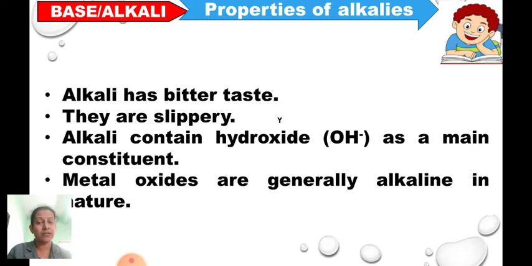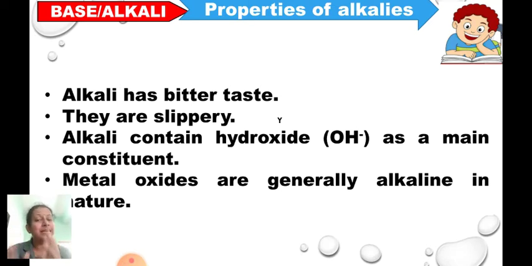And which others are called bases? Metallic oxides. Metallic oxide means, for example, magnesium ribbon, you have heard about it, right? Suppose magnesium is burnt in air, it forms magnesium oxide. So magnesium oxide is also called a metallic oxide. If you test these metallic oxides with red litmus paper, you will find that they turn blue.